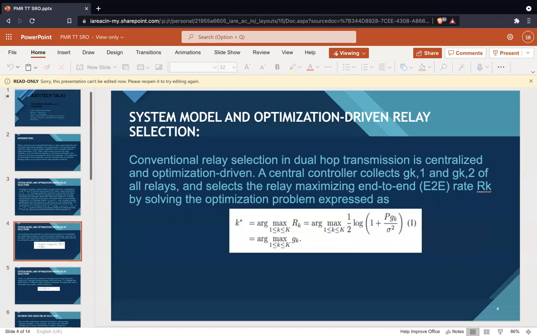System model and optimization-driven relay selection. Conventional relay selection in dual-hop transmission is centralized and optimization-driven.